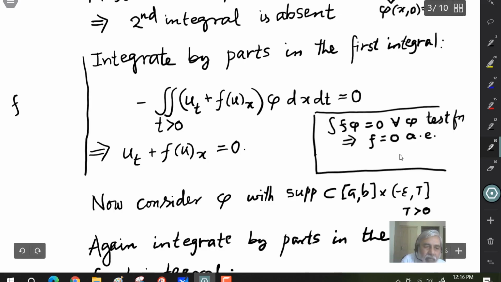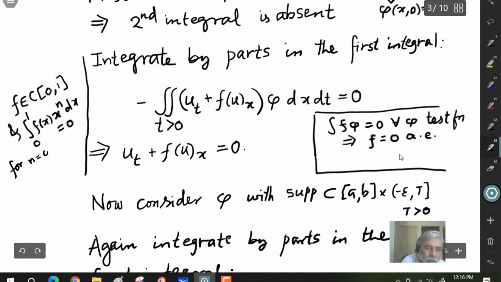If f is a continuous function on [0,1] and the integral from 0 to 1 of f(x) x to the n dx equals 0 for n equal to 0, 1, 2, etc. — these are called moments of f — so if all the moments of f are 0 and f is a continuous function, then f is identically 0.